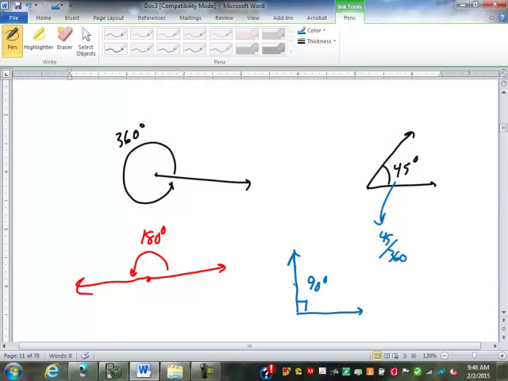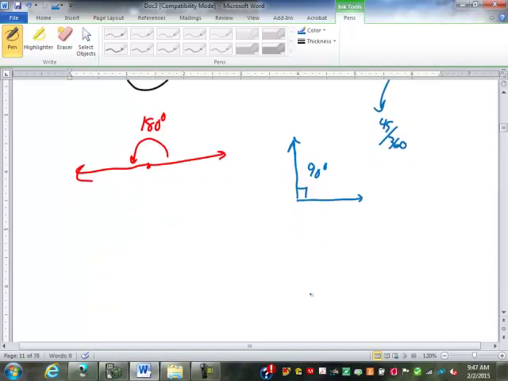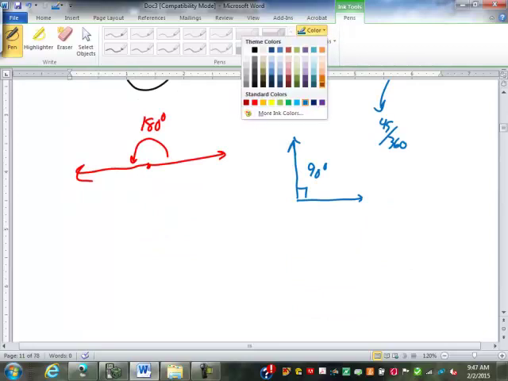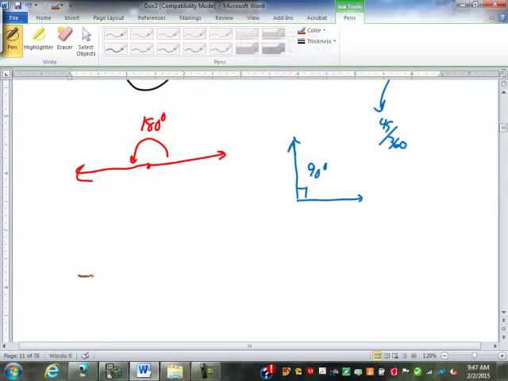Those two angles, the 180 degrees and the 90 degrees, happen often enough, and they're used enough in application, where there are special names dealing with those angles. If I have two angles that add up to 180 degrees, like these two angles here, combined to make a straight line, those two angles are said to be supplementary, or supplements of each other.